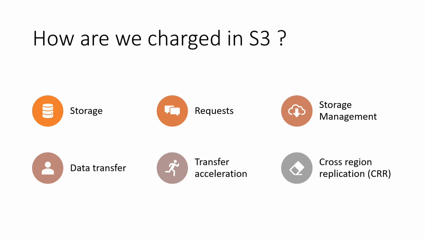Storage management, as we discussed, if we go for S3 lifecycle management, from S3 standard to S3 deep archive, etc., then it will be charged. Again, data transfer is a basis on which we will be charged. Transfer acceleration we will see in the upcoming slides, as well as cross-region replication, which is called CRR.